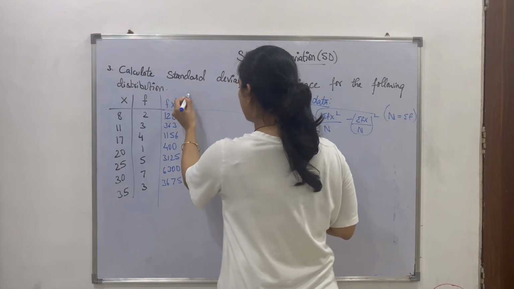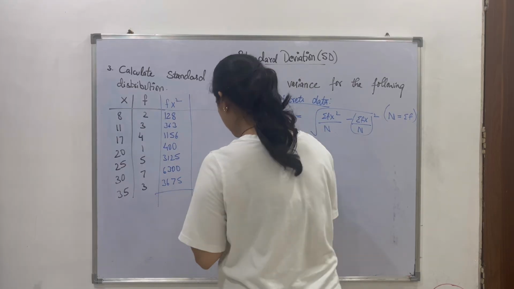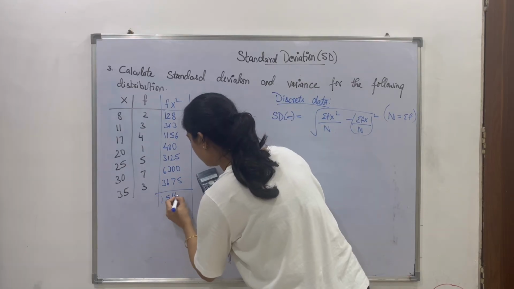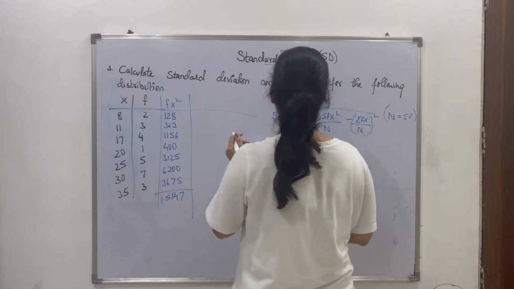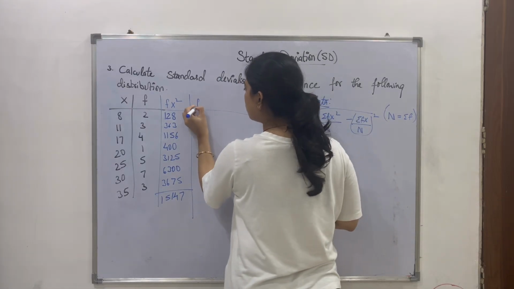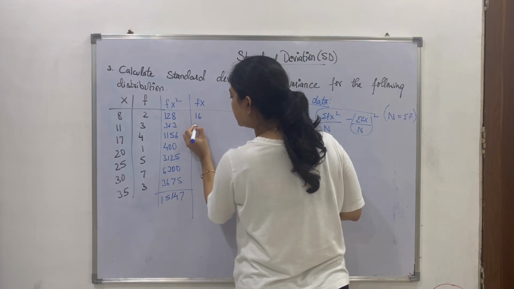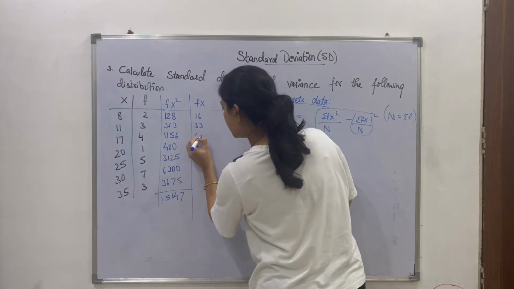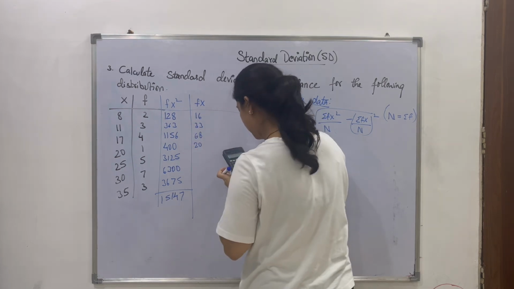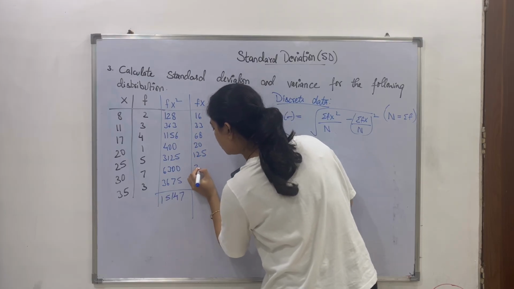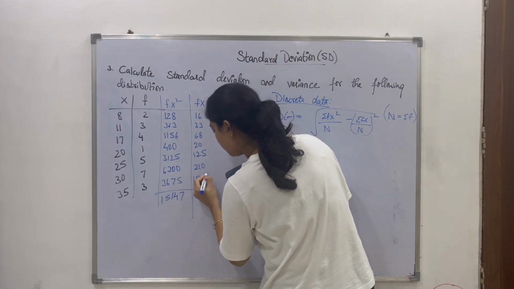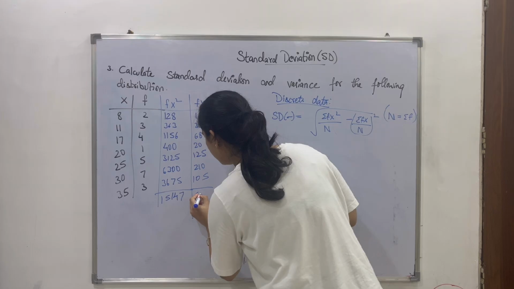You need to take the total of this particular column, which is 15147. Then again we need to take the total of fx column. So first let us multiply these two: 16, 33, 68, 20, 125, 210, 105, and the total of this is 577.